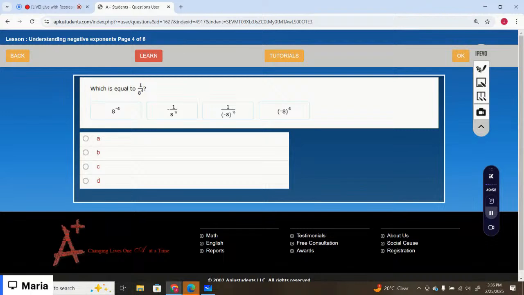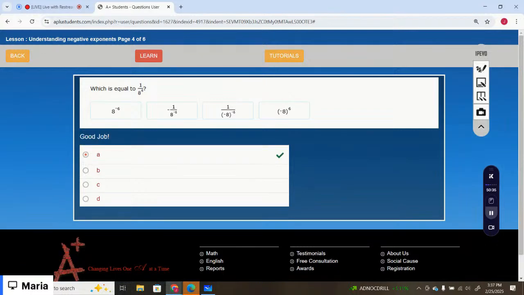Option A is the correct option. You can write it in the numerator with the negative exponent, 8 exponent negative 6.